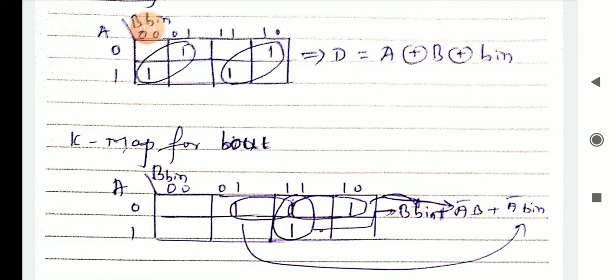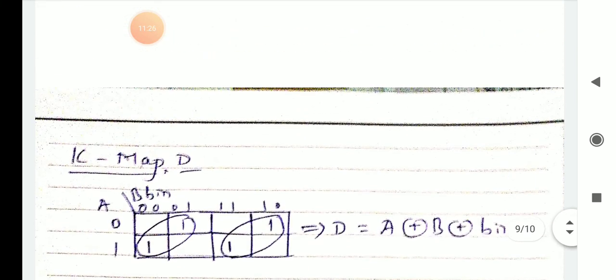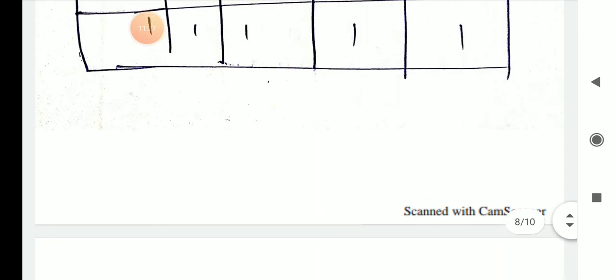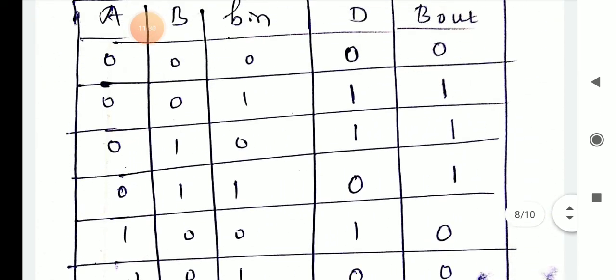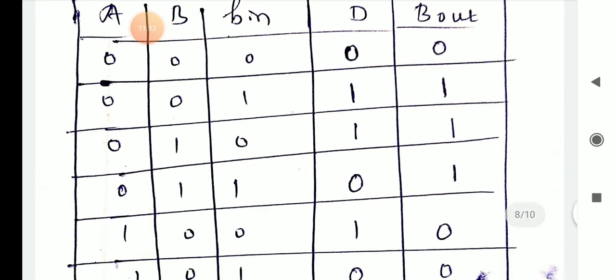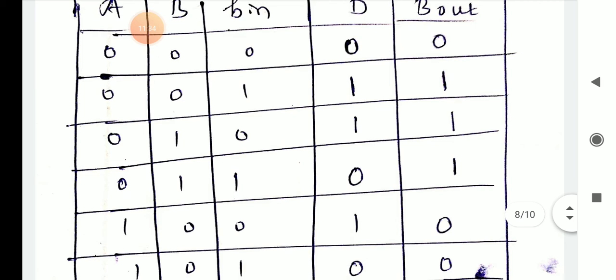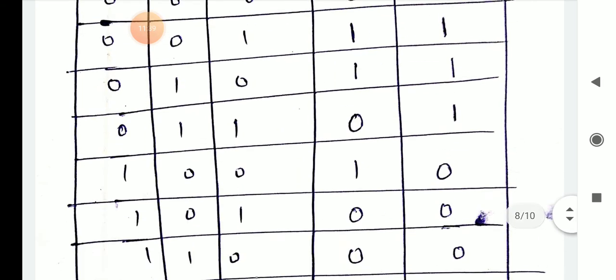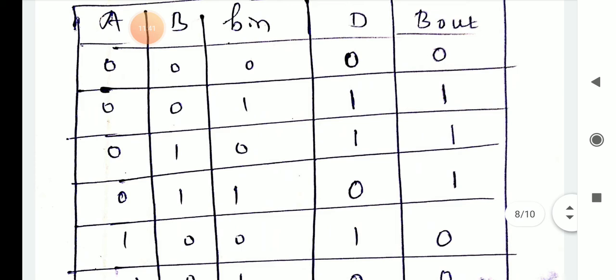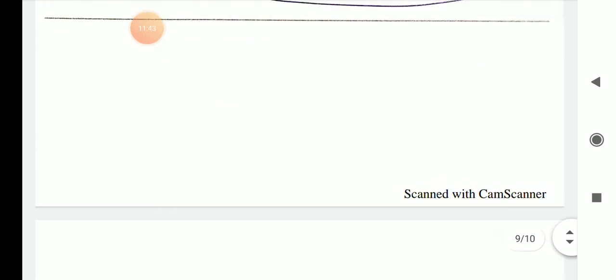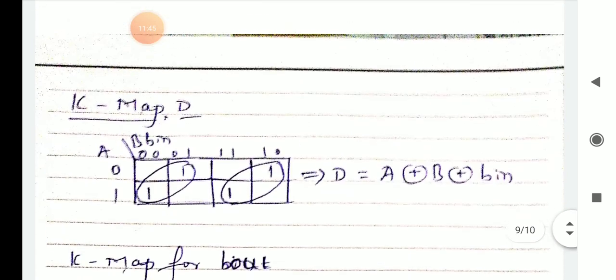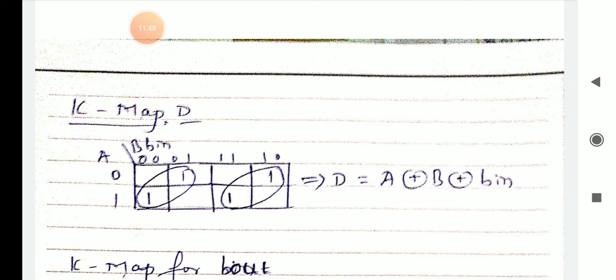So first you have to observe wherever in the truth table the difference is 1. Whenever 1 is there in the difference, in the second combination 001 the difference is 1. So A is 0, B Bin are 0 1, then you can write 1 here.